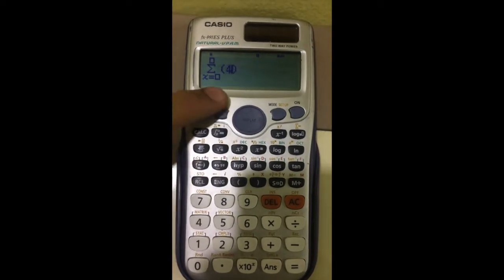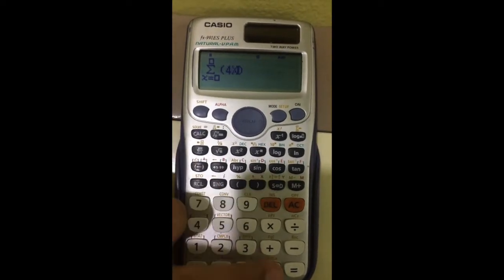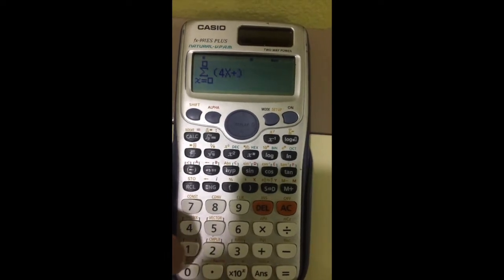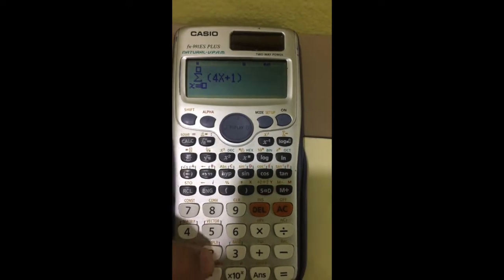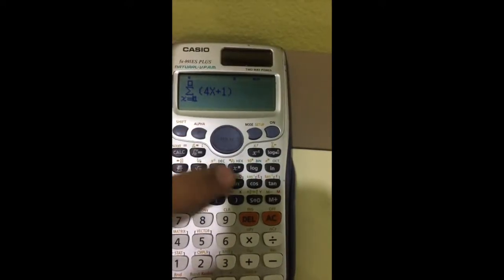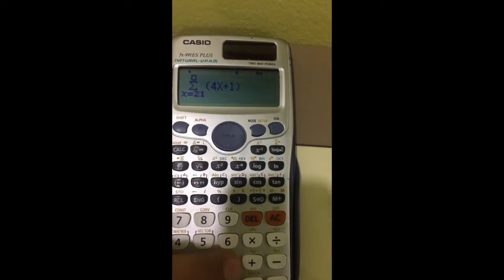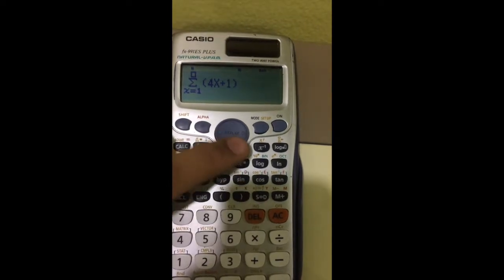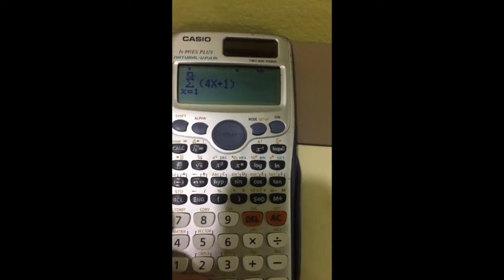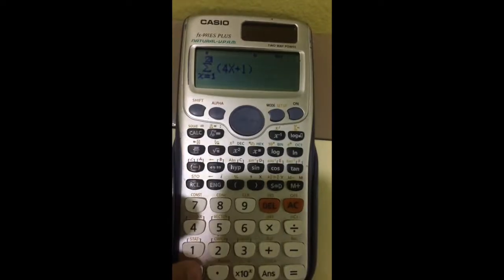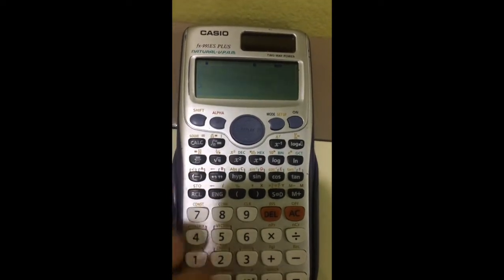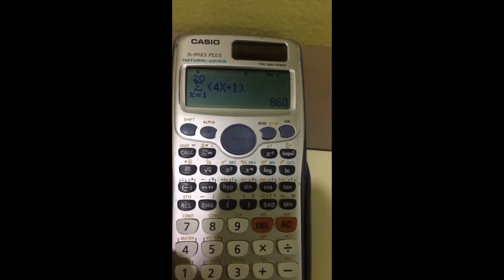It was 4x plus 1, well, it was 4r plus 1, but in here it's x instead of r, doesn't matter, and it goes up to 20, alright, so that gives you 860, okay.